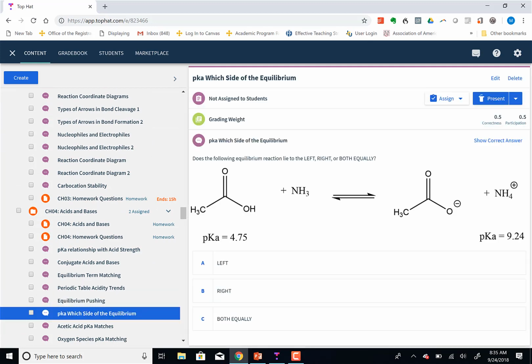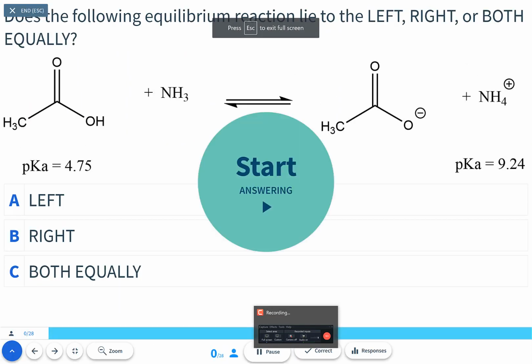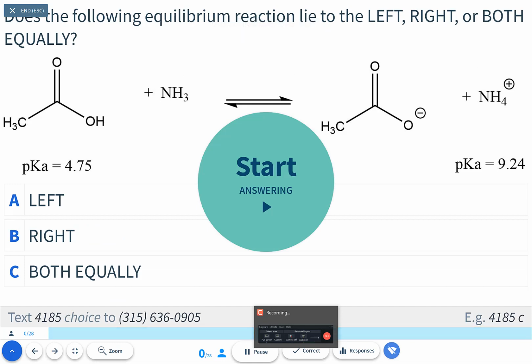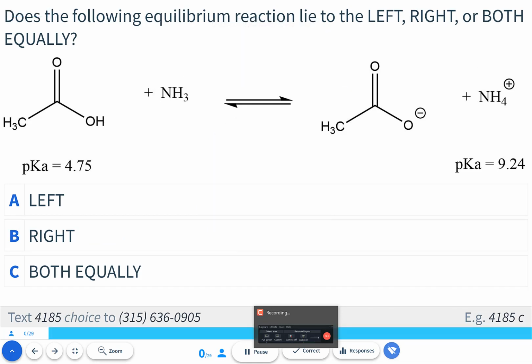All right, let's use our new friend, the pKa. So here's an equilibrium. Where does the equilibrium lie in this case? To the left, to the right, or is it split down the middle?